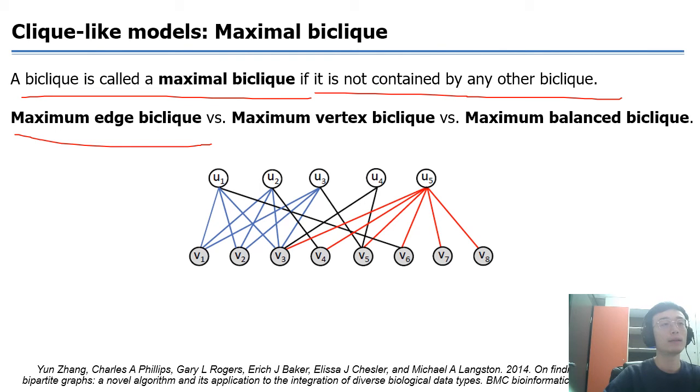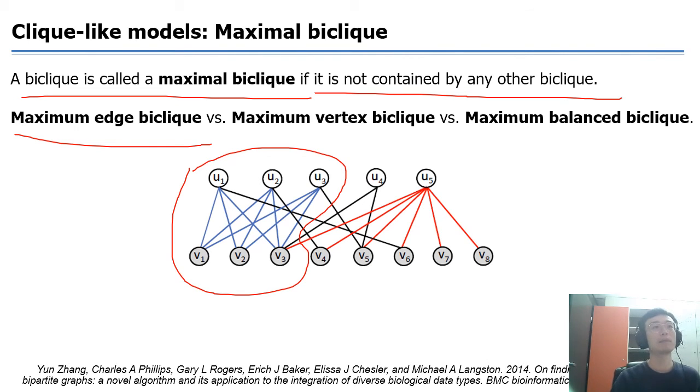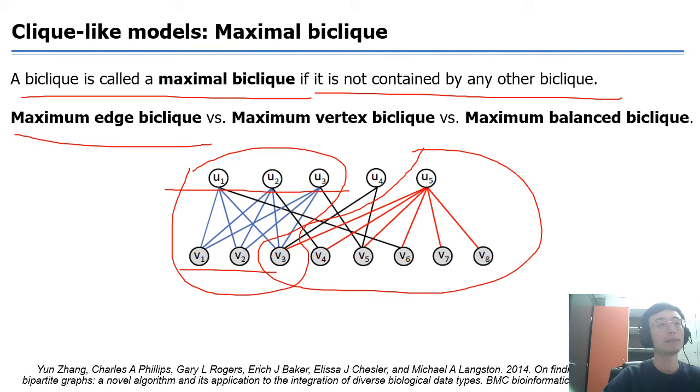For example, in this figure, this subgraph is the maximum edge biclique because it contains the maximum number of edges. It is also the maximum balanced biclique because it contains the maximum number of equal vertices in the two different vertex layers. And this biclique is also the maximum vertex biclique because it contains the maximum number of vertices.